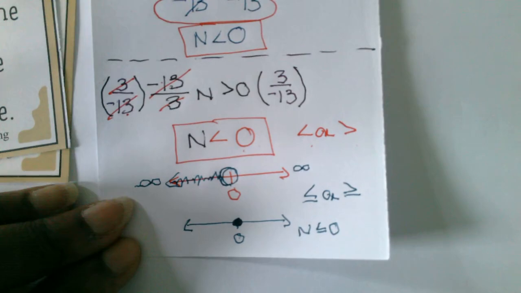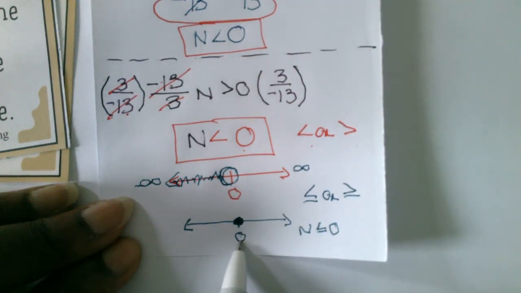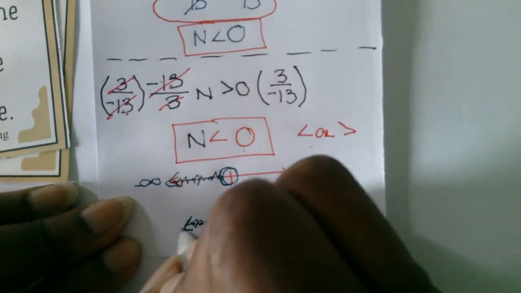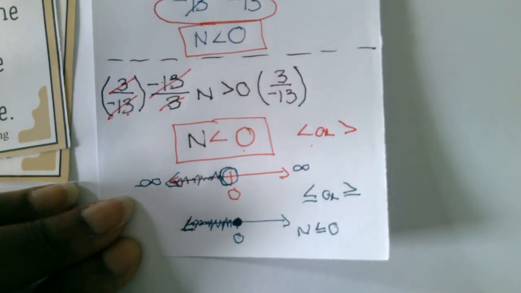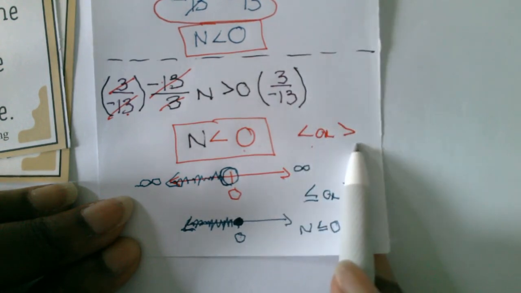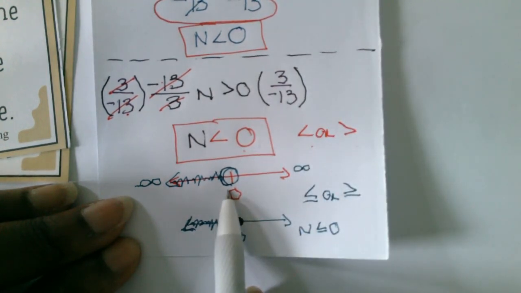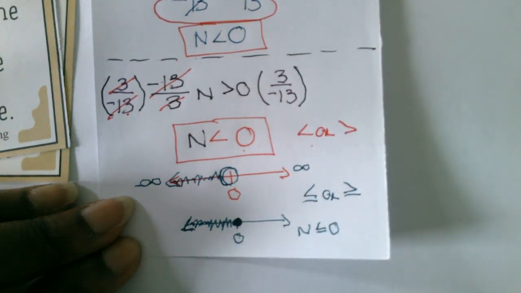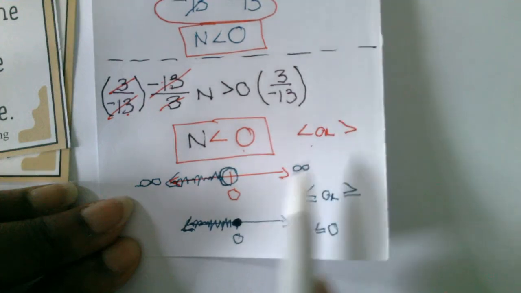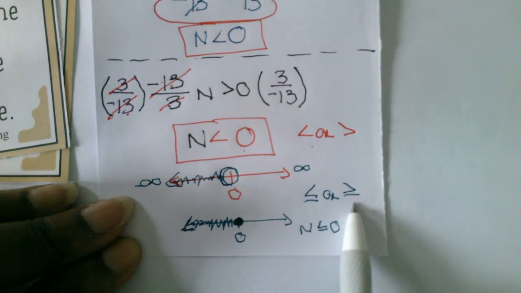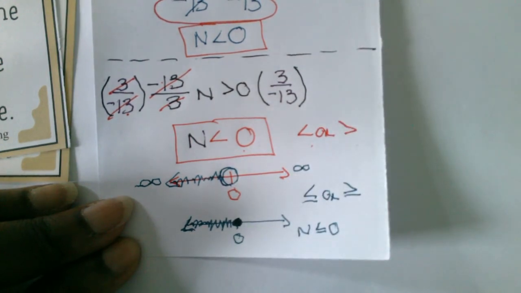If it's going to be equal, that means it's going to include the 0. And then you're going to shade to the left. When you don't have the line underneath, you're not including the number. But when you do have that line underneath, you are including the number.